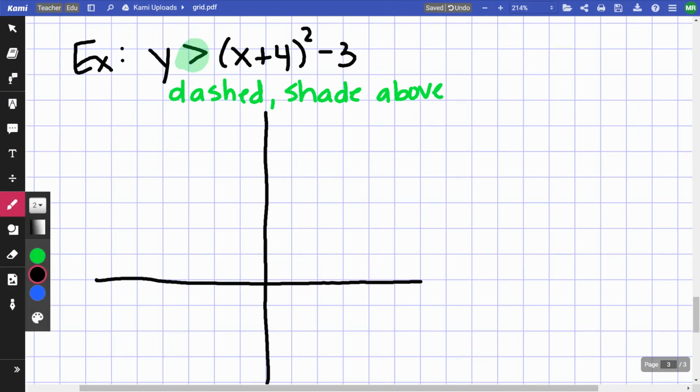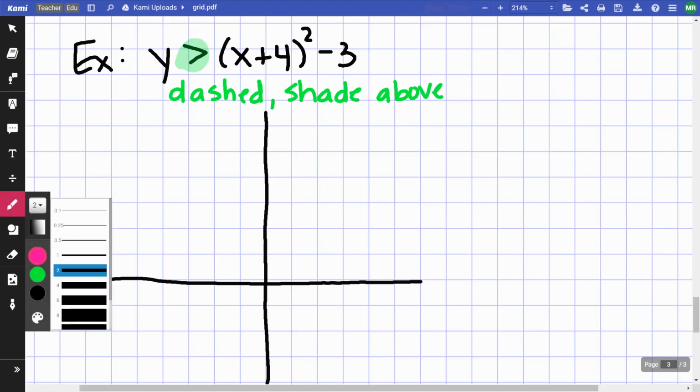For this, my vertex is going to be -4, -3. So I'm going to go 1, 2, 3, 4, 1, 2, 3. This is a regular parabola. So from here, I'm really going to be going out 1 squared is 1.